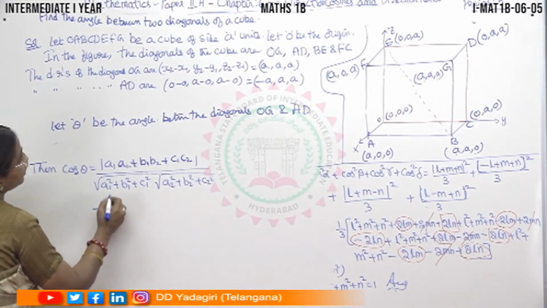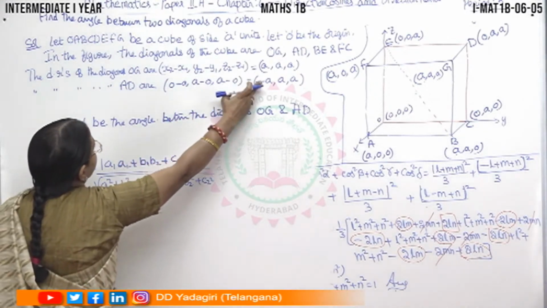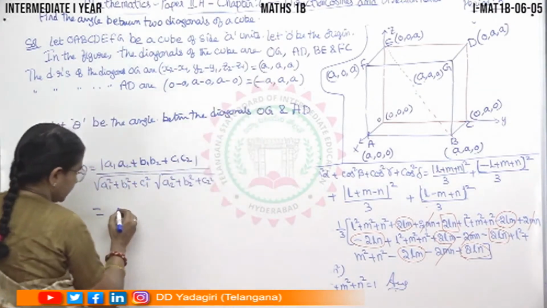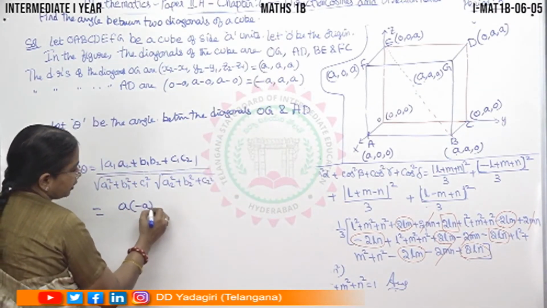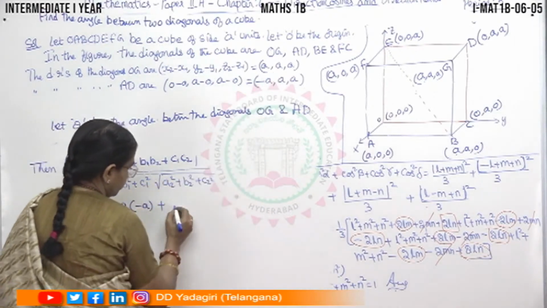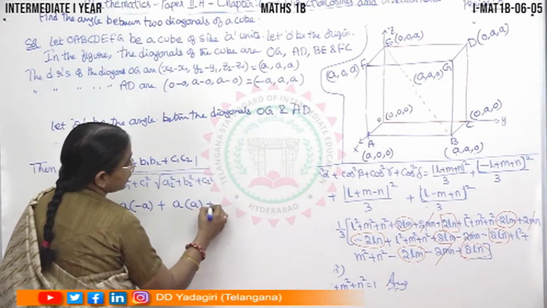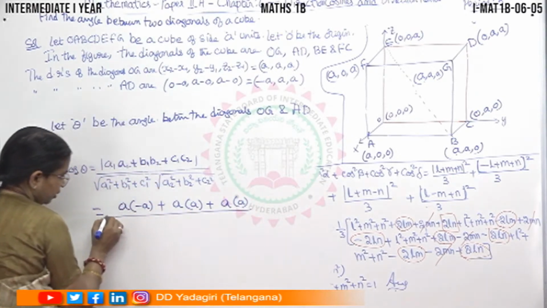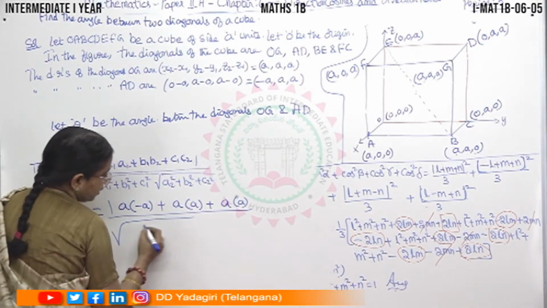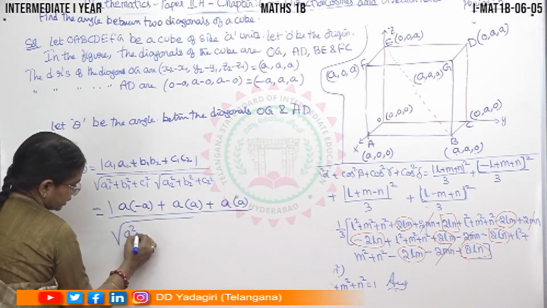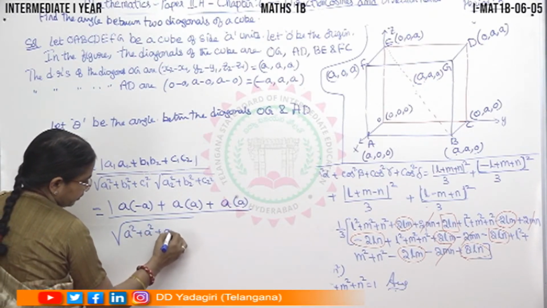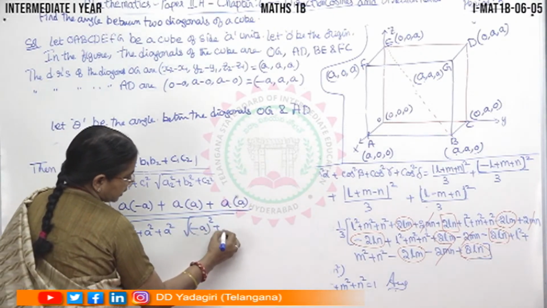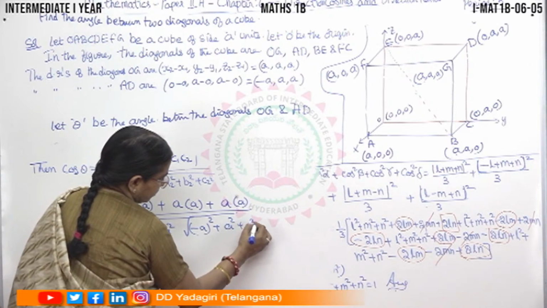So what is A1 A2? These are A1 A2, B1 B2 like that. So A1 into A2 is A into minus A. A1 A2 plus B1 B2, A into A, plus C1 C2, again A into A, by root of A square plus A square plus A square into root of minus A whole square plus A square plus A square.